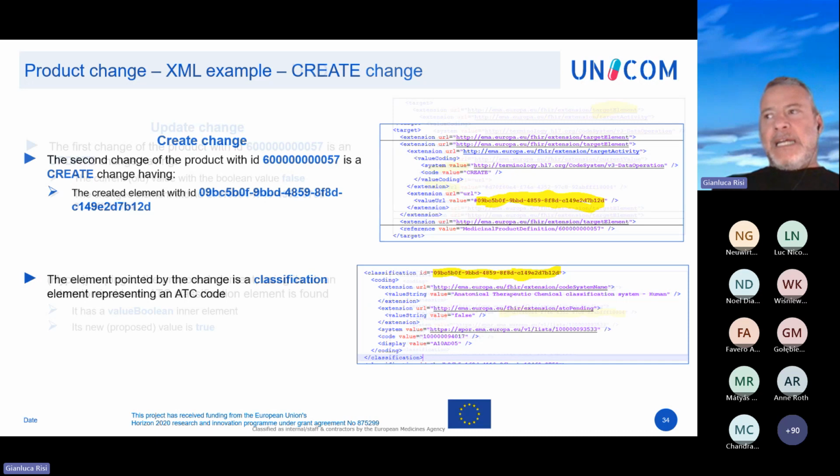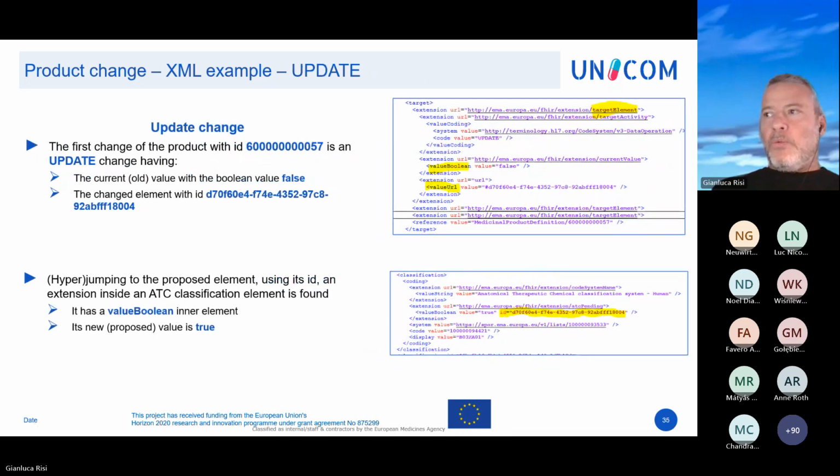In case of an update change, we have the same mechanism for the proposed element, that is an ID pointing to the element being changed, but we have also a current value extension. In this case, the current value extension is a value Boolean. It can be value[x] in FHIR, that is a value of any data type.